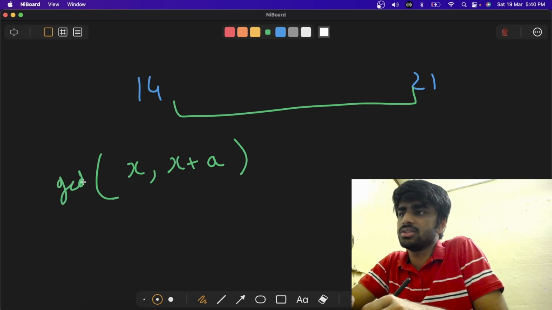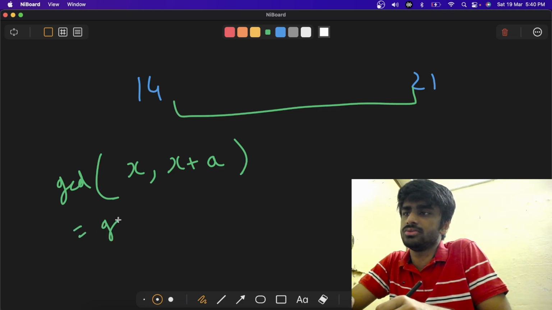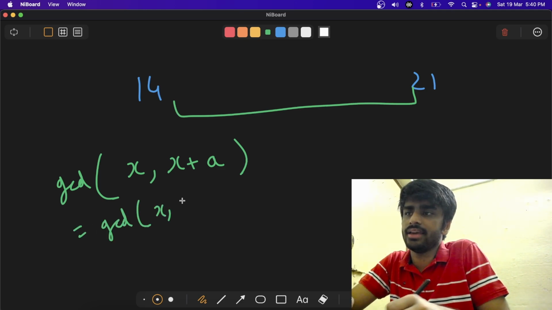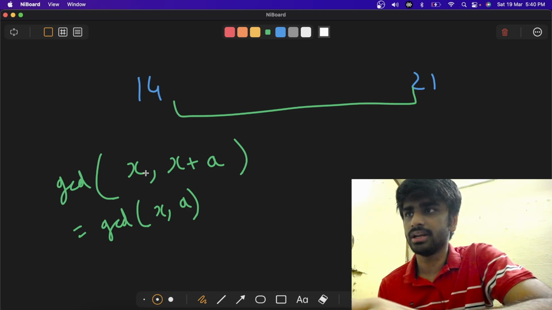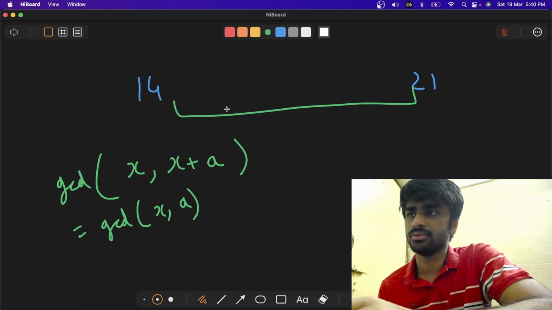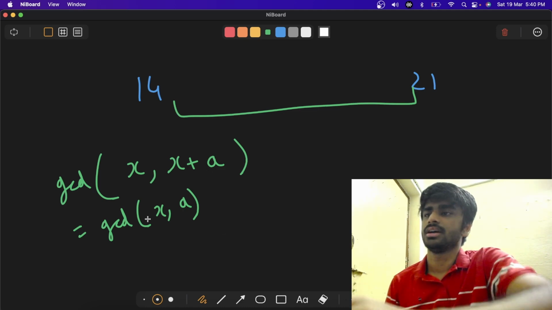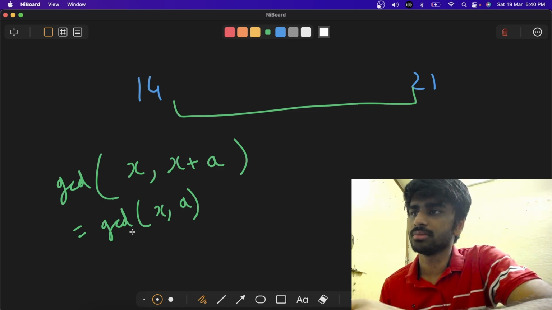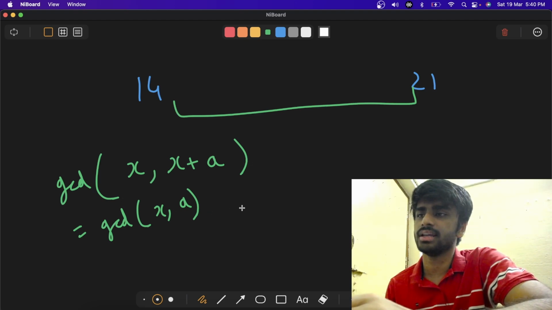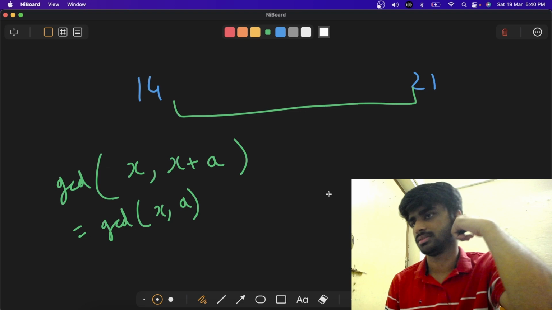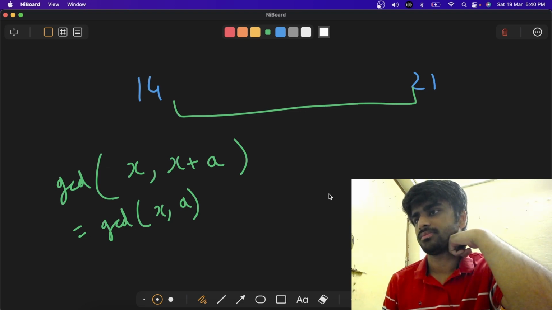The GCD between these two is actually equal to GCD of x and a. This is just due to the Euclidean algorithm, basically. So we can subtract x from here. So we want the maximum difference, with the GCD between x and a equal to 1.